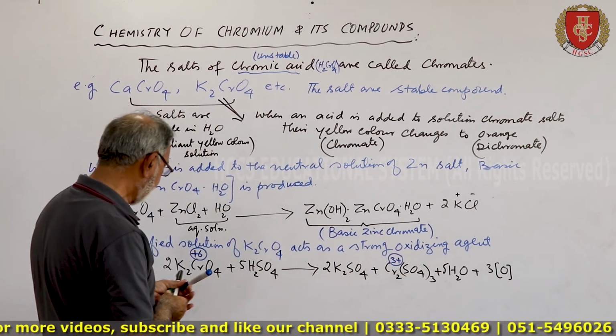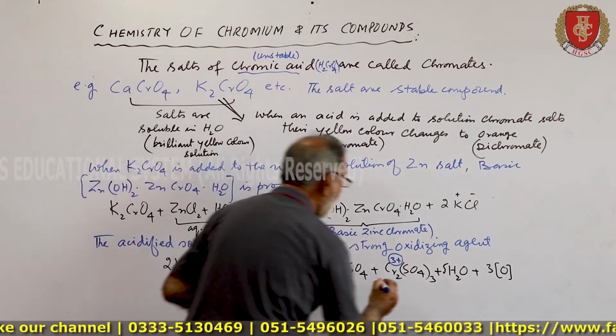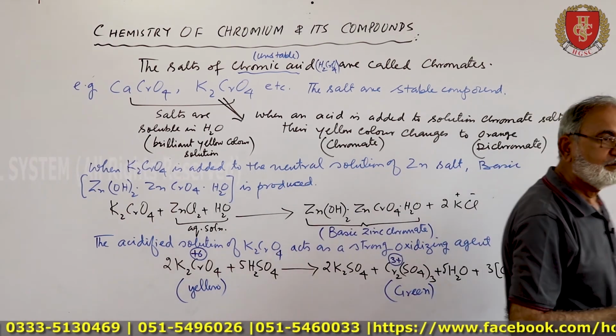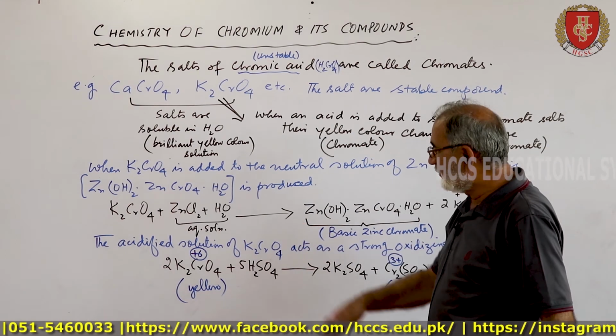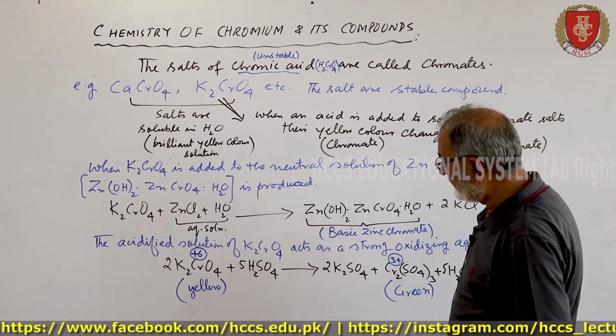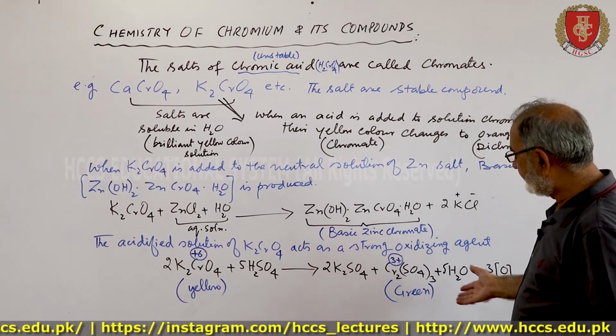So this orange color changes to green. So we can in fact use the chromate or dichromate ions as oxidizing agent.